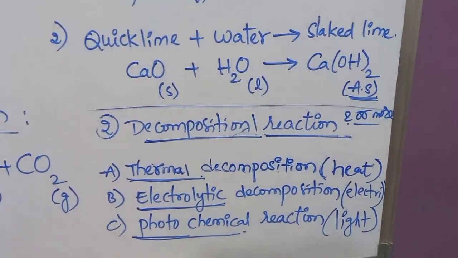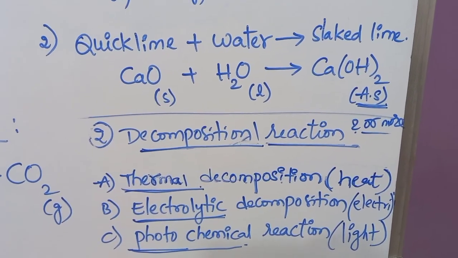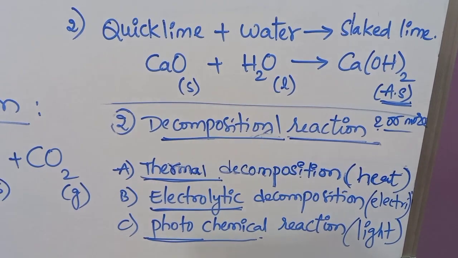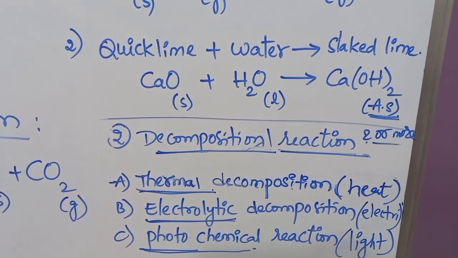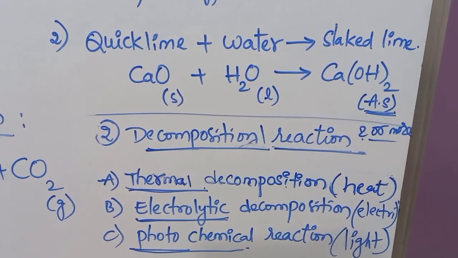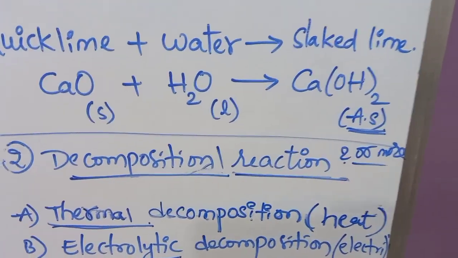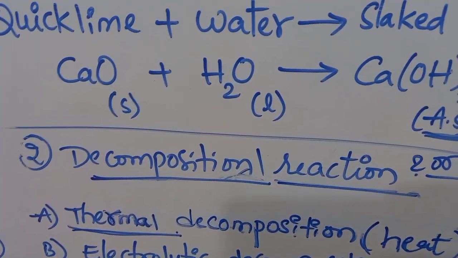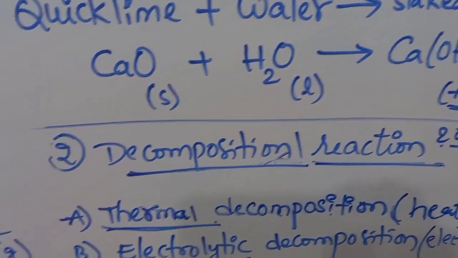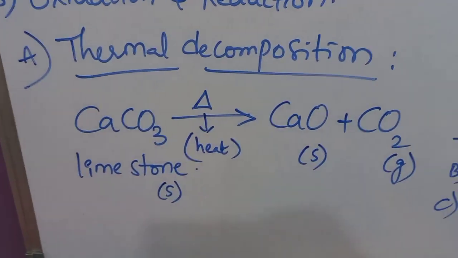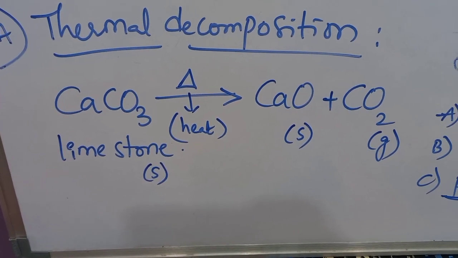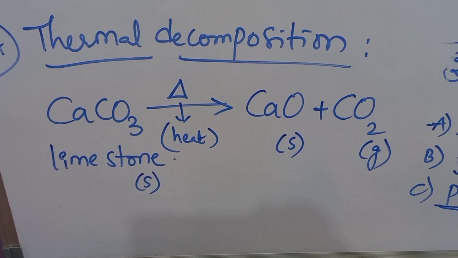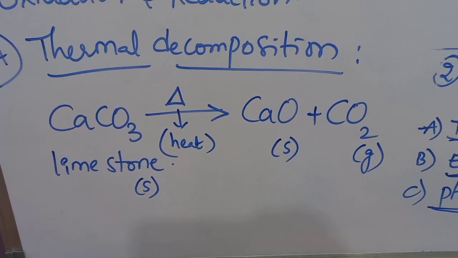Next we see the decomposition reaction. If a single substance decomposes to give 2 or more substances, it is called a decomposition reaction. So in a decomposition reaction, there is only one single substance. Here you can see the example. One single substance upon decomposition gives rise to 2 or more substances as the products.